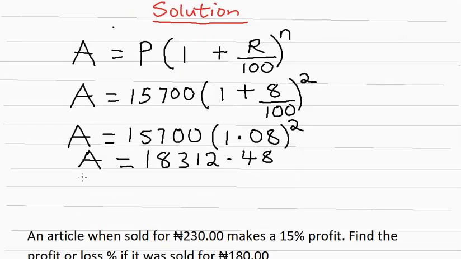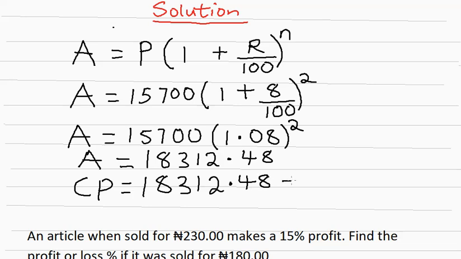So the compound interest, CI, from the amount is going to be equal to the amount that the compound interest actually generated, then minus the original principal. So the principal is 15,700. So let's subtract that.